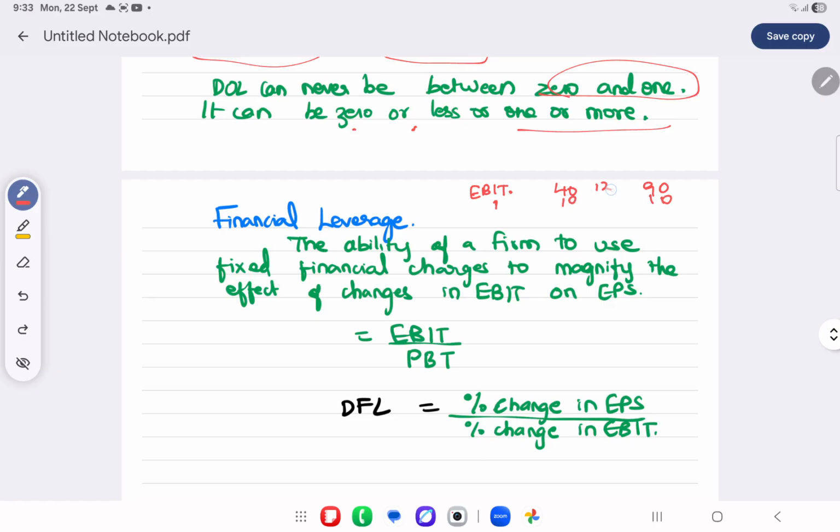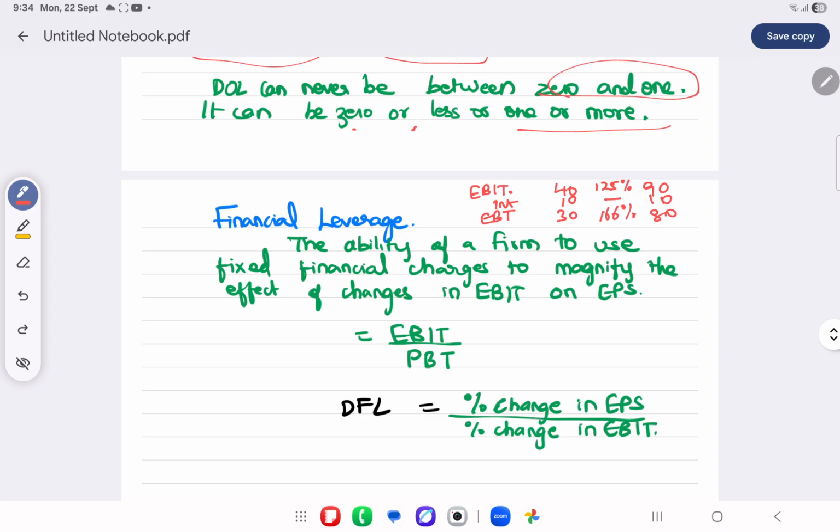This change was 125%, correct? We have an interest of 10 rupees. What will be our EBT? Our EBT will be 30 rupees and 80 rupees. What is the change in EBT? 80 minus 30 divided by 30 into 100. It is 166%.